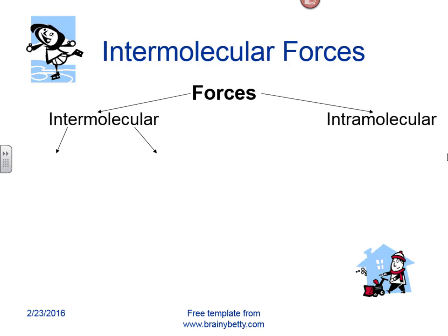If we start with intermolecular forces, what was the first kind that we talked about? The weakest ones. London dispersion forces. You can just call them London forces for short if you'd like to do that. Then we talked about dipole forces.